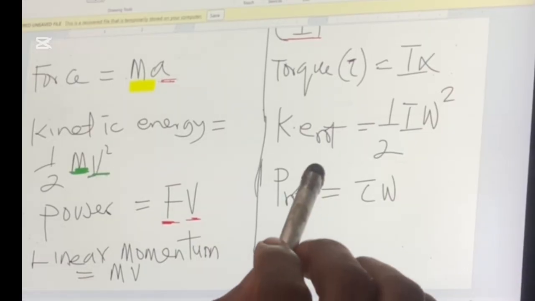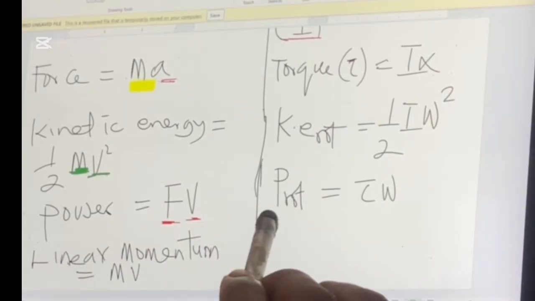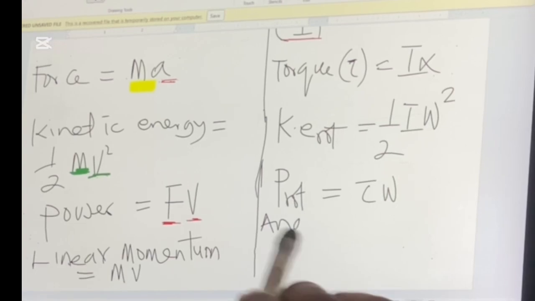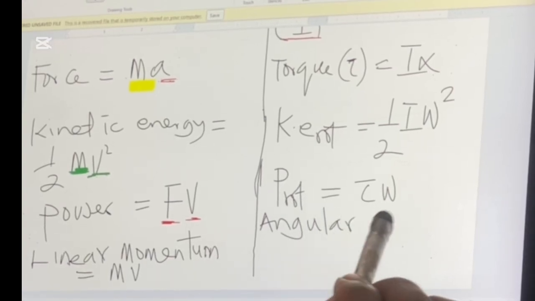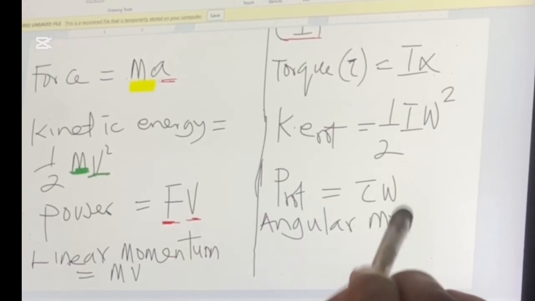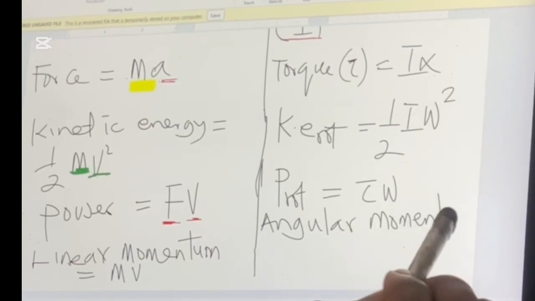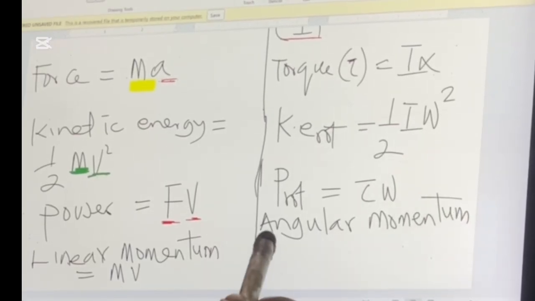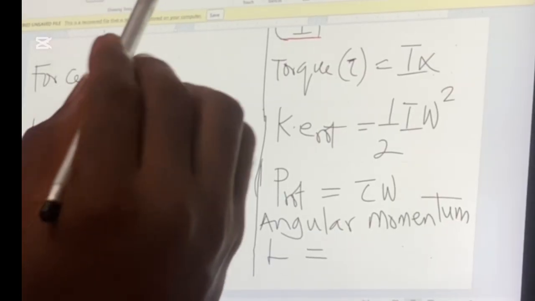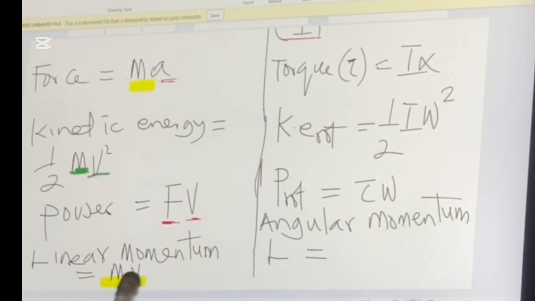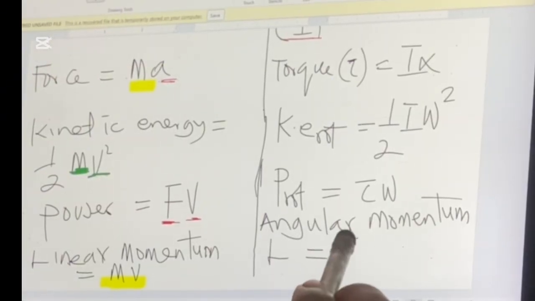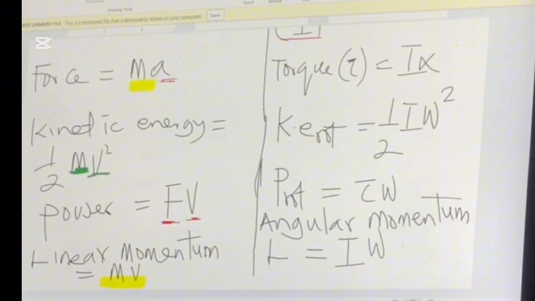In terms of circular, we don't call it linear momentum, we call it angular momentum, and we use L to represent this. Using this relationship to write the formula for angular momentum, mass is I, while velocity is omega.